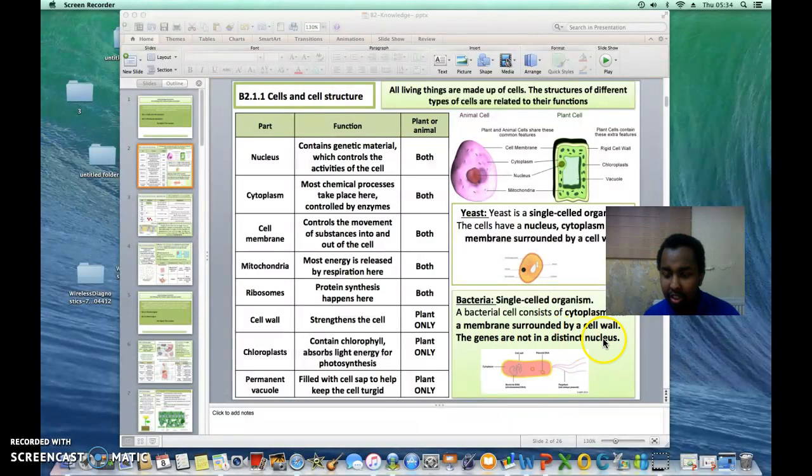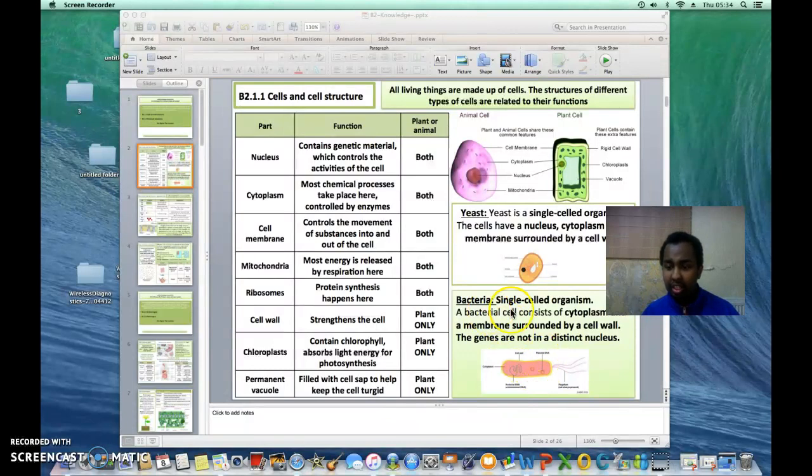The genes are not in a nucleus, they're just lying around there in the middle. You have little plasmids here, loops of plasmid DNA.